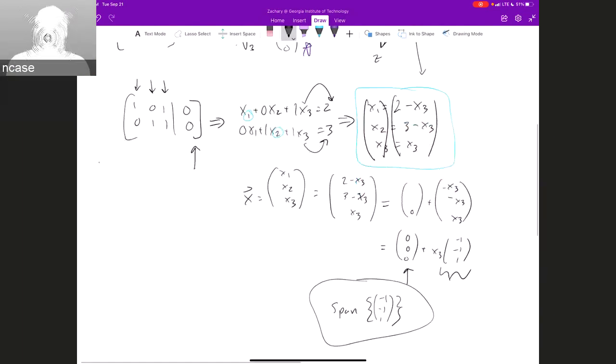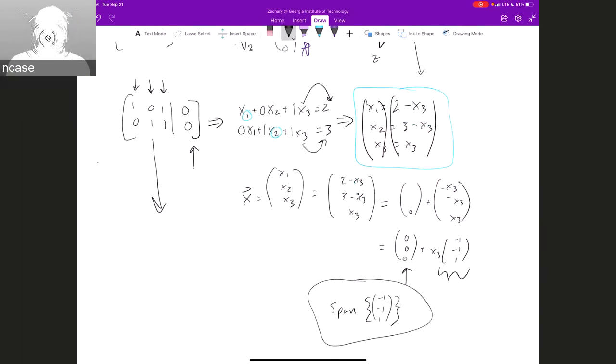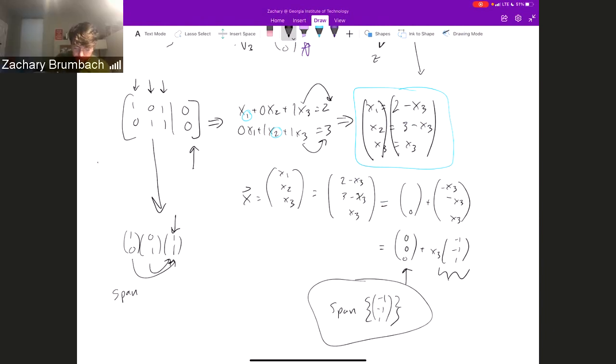Yeah, so for here, the span of this is 1, 0, 0, 1, 1, 1. But as we can see pretty clearly in this case, though you can't always see that, 1, 1 is a combination of this one and this one. So we can simplify that as span 1, 0, 0, 1.